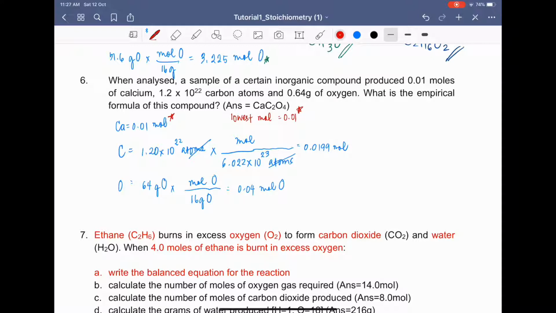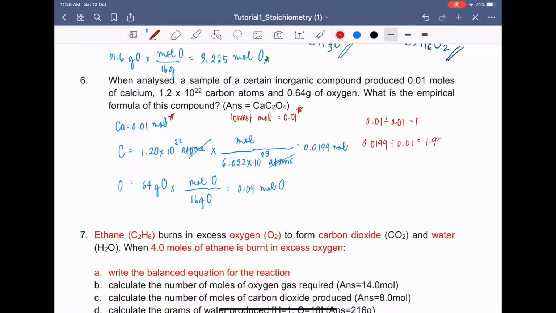And the lowest value here is 0.01. So just need to divide by 0.01, which is the lowest mole value. So for calcium, 0.01 divided by itself equals 1.